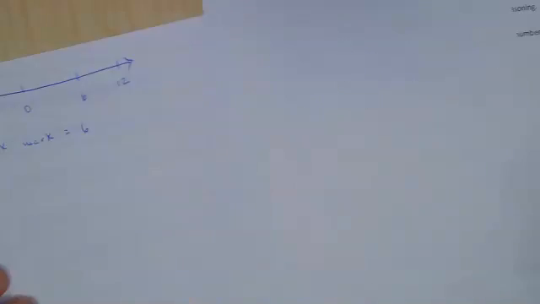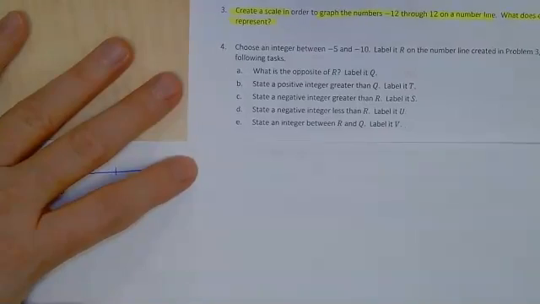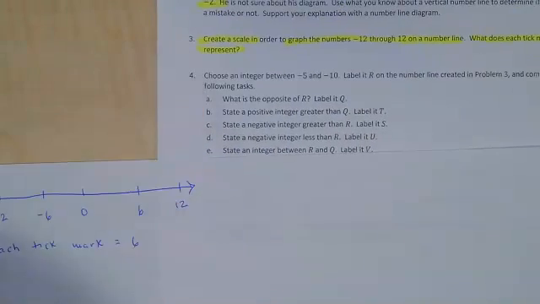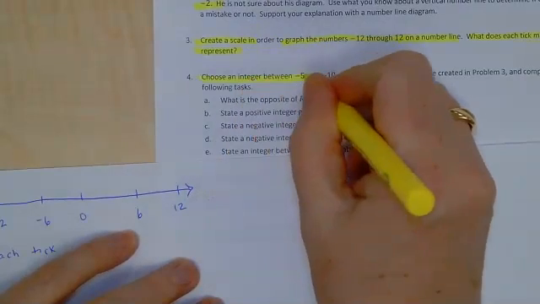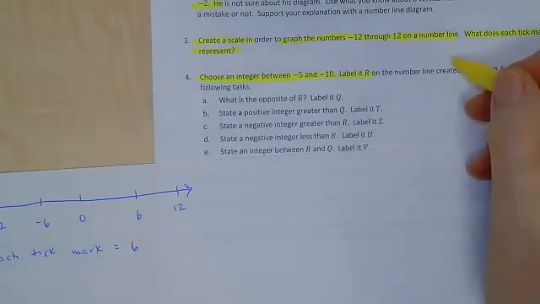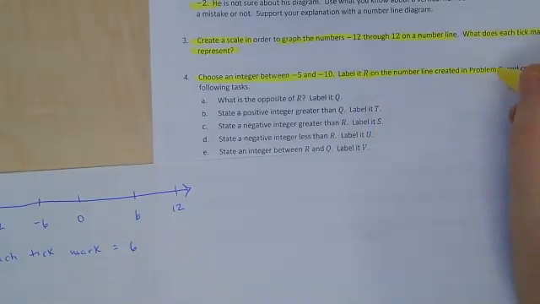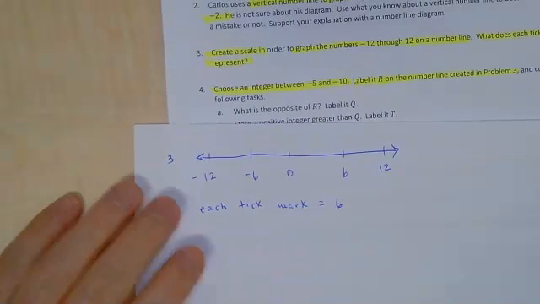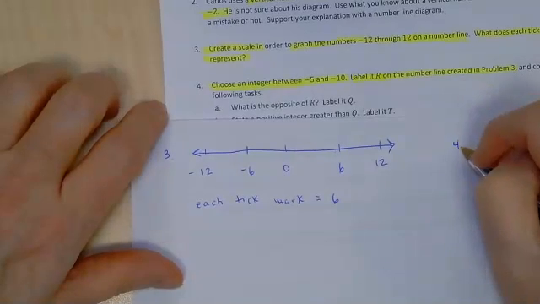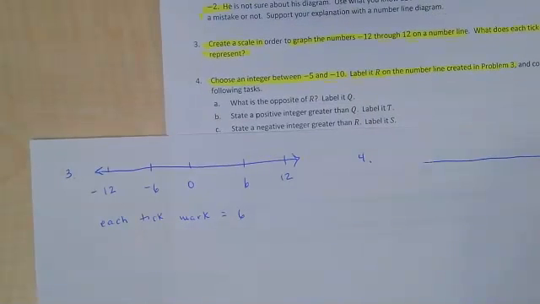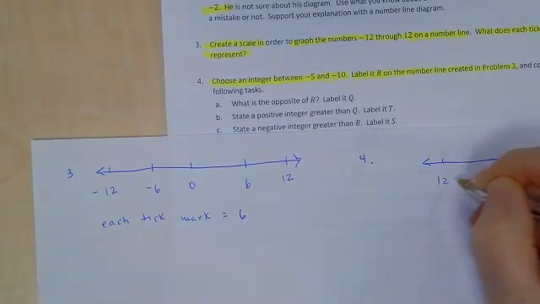All right? So we're going to do question number 4. It says we're going to choose an integer between negative 5 and negative 10. Label it R on the number line that you created in problem 3. Okay, so here's the number line we made for problem 3. I'm going to make the same exact number line, and we're going to use it for the same exact thing.